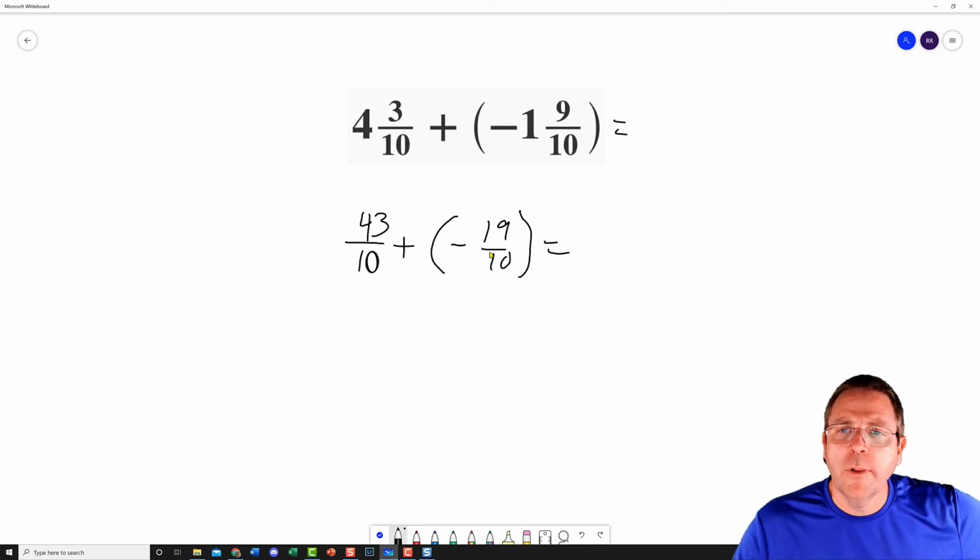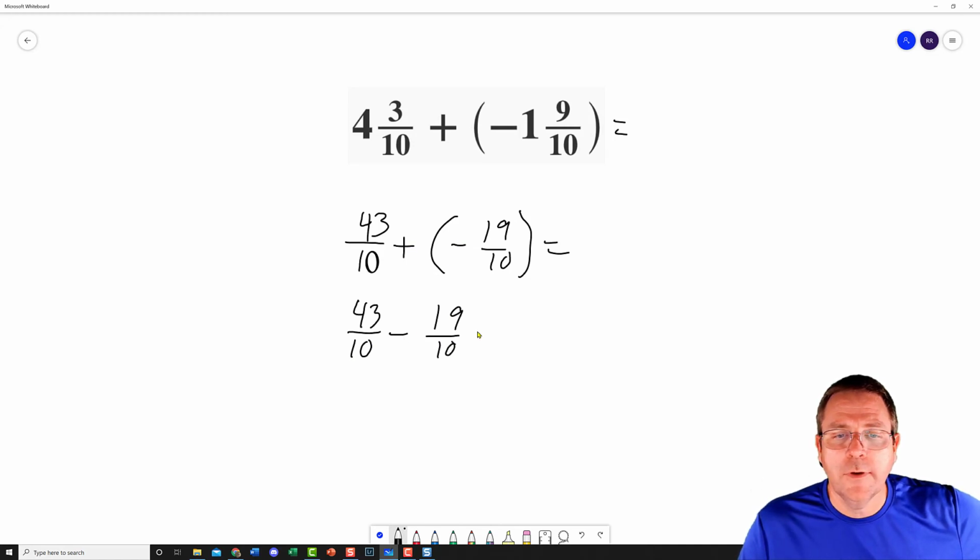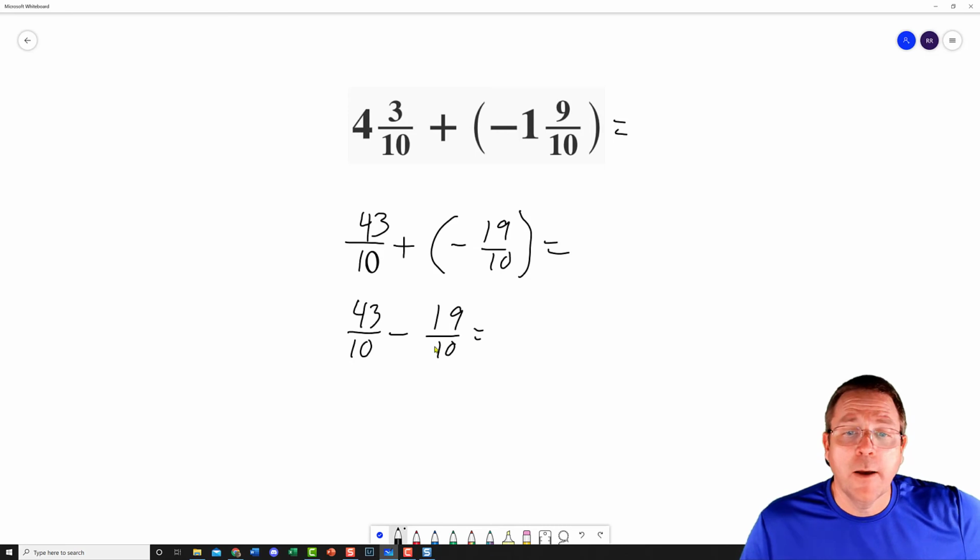And this is probably a good time for me to point out that I have an ugly problem here. And I've talked about, how do you make an ugly problem pretty? You multiply the sign. So a positive times a negative, that's going to become a negative. So now I'm going to make that 43 over 10 minus 19 over 10, because a positive times a negative is a negative. I already have a common denominator.